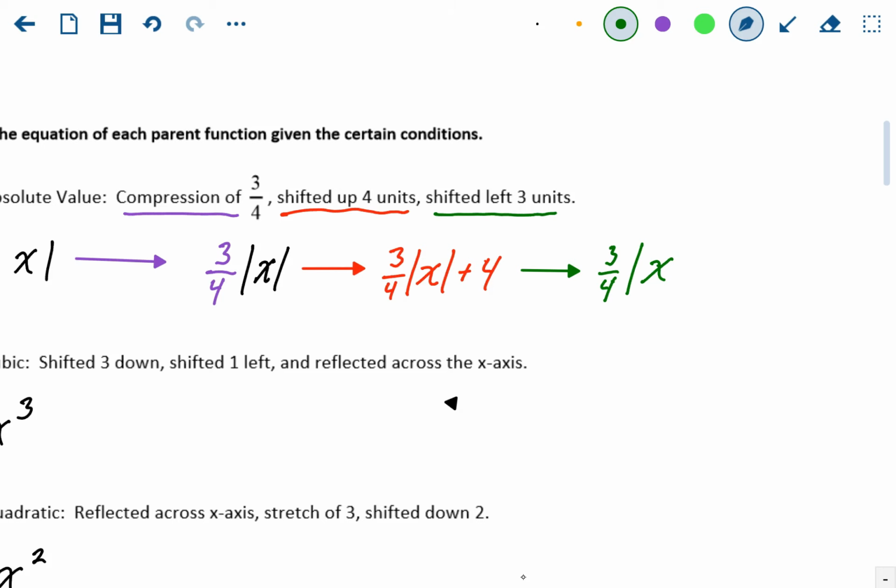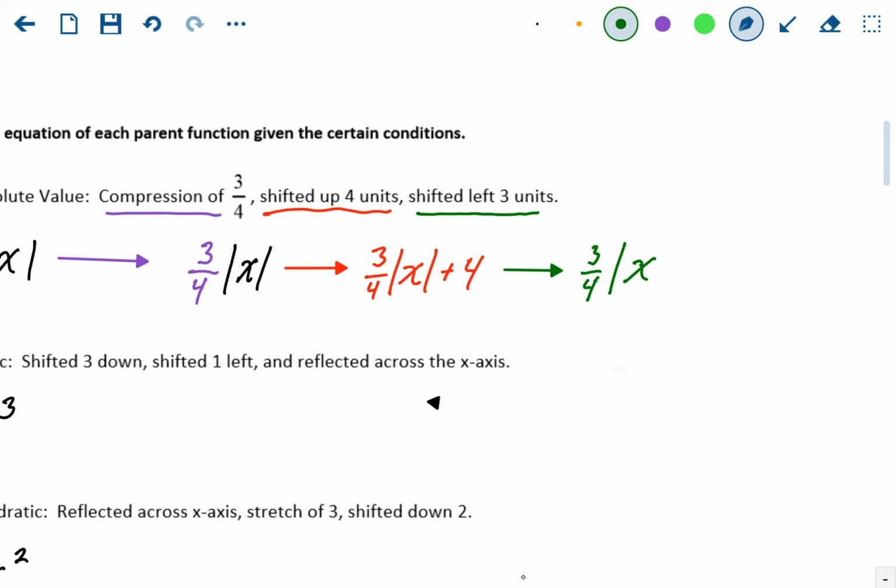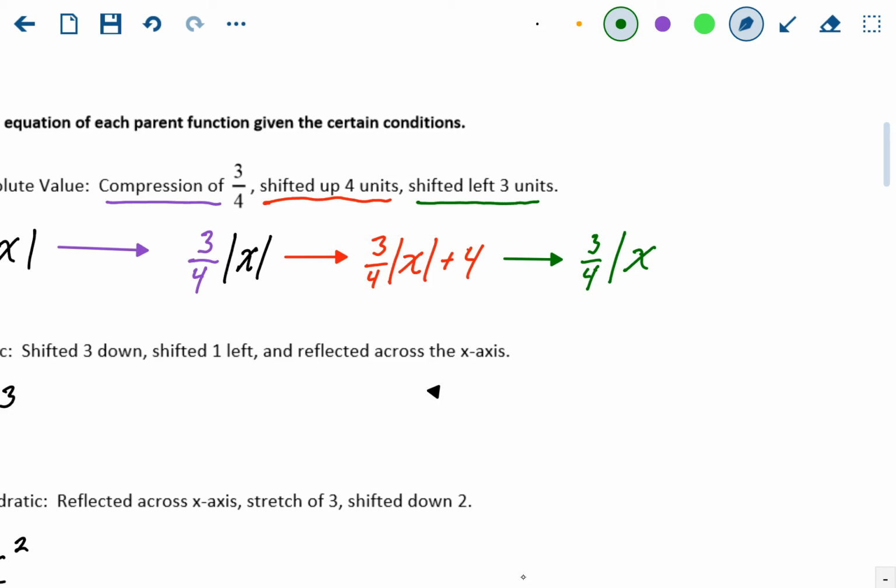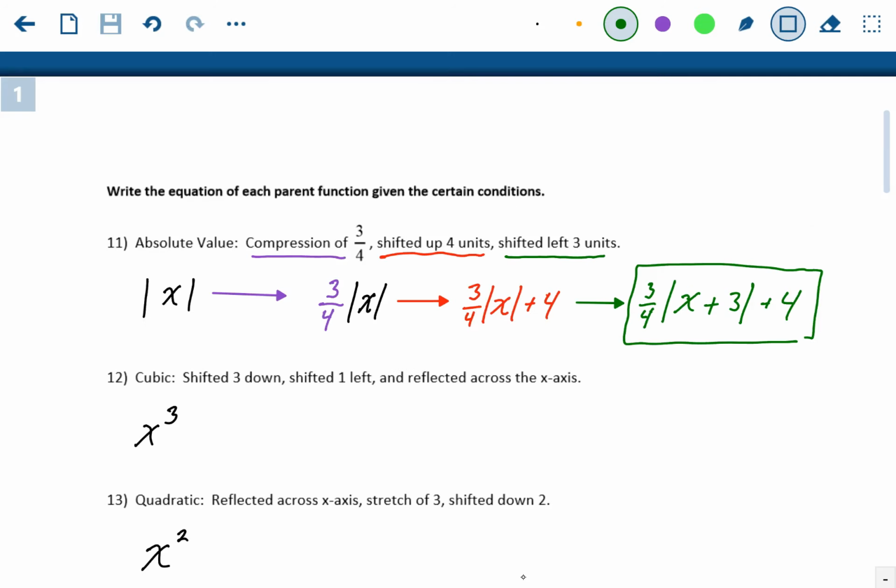Now remember, left 3 units is kind of counterintuitive. Going left, translating, is plus 3. Okay, close the absolute value, and then have that plus 4 at the end for the vertical. That's our transformation.